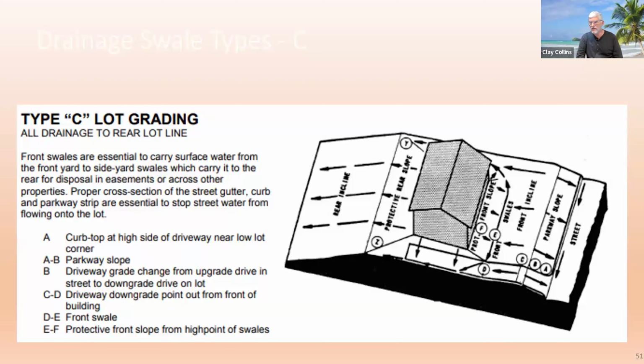I see these in more rural areas where they have a ditch at the front, and then they have a berm. So the water from the street goes into the ditch and runs off and not into the houses. And generally that back slope is far enough away, or they have a long enough lot. And again, that's generally in the rural areas where they're big lots.